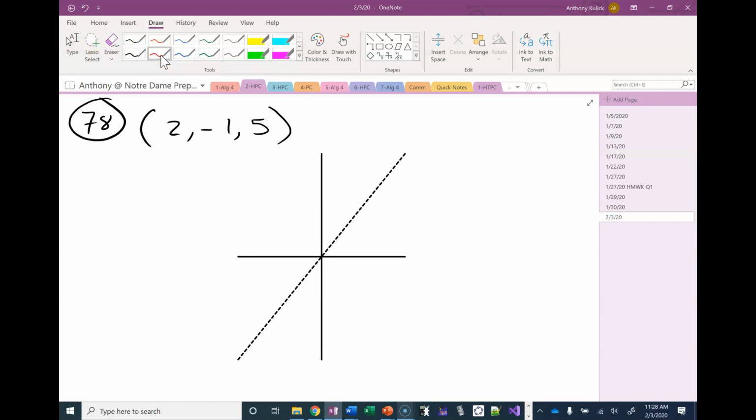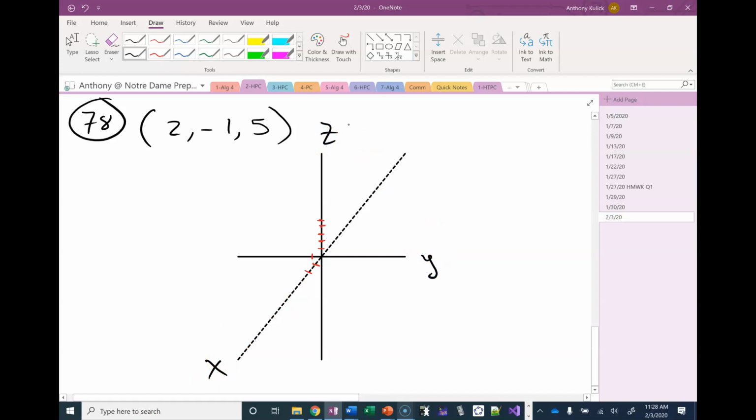So we want to plot that point. The first thing we'll do is draw in some tick marks. So there's 2 tick marks on the positive x. There's 1 tick mark on the negative y. And there's 5 tick marks on the positive z. Everybody okay there? Again, remember x, y, and z.